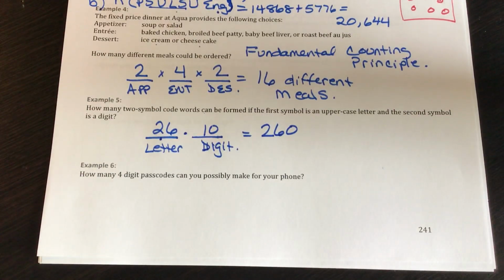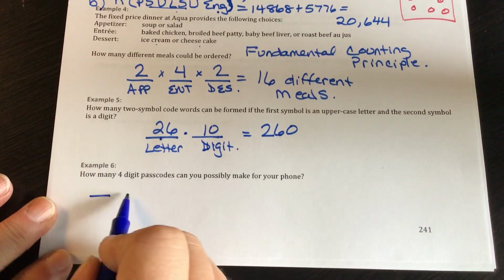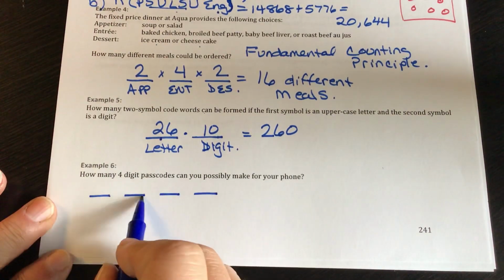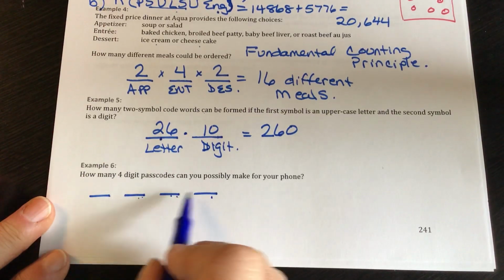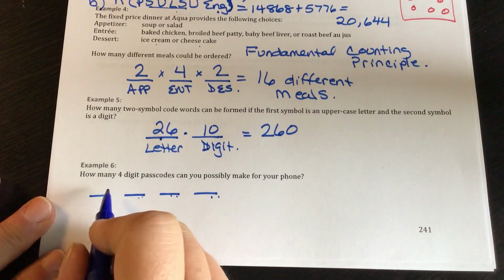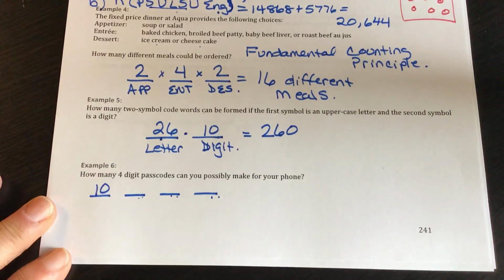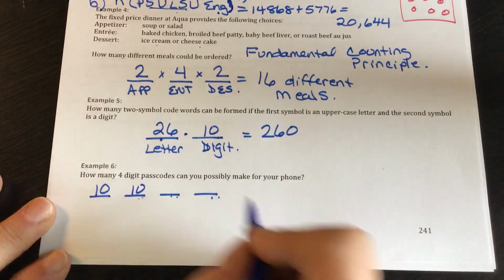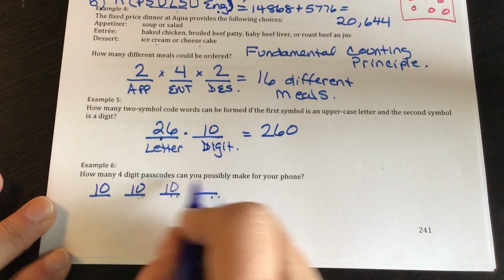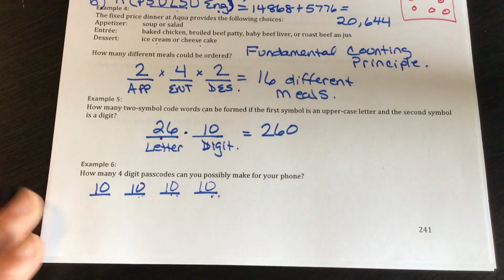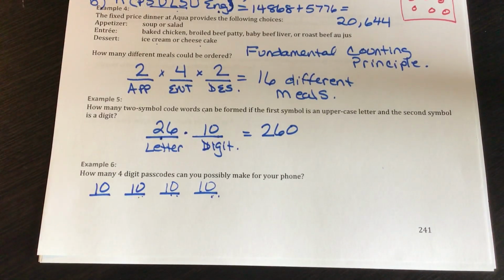In example 6, we have 4-digit passcodes, like if you are putting a passcode on your phone. You have 4 digits, and each one of these represents an element in each of the digits. So in the first space, we can have 10 different numbers to choose from. In the second space, we can have 10. In each of these spaces, we can have 10 different numbers, and that's because we can repeat.